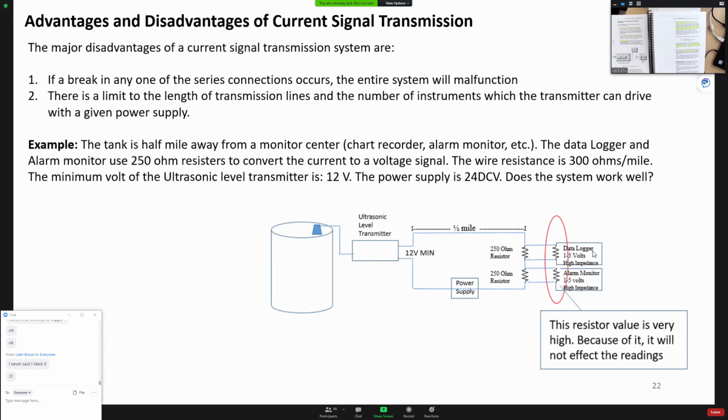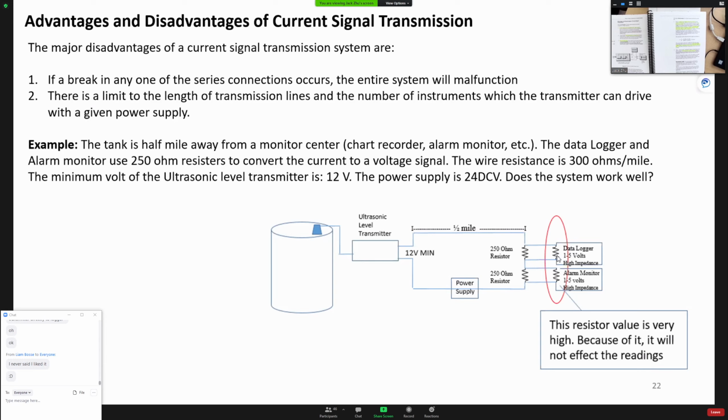We have a data logger and an alarm monitor. Same as we talked about before, they have a very high input impedance, so we use a 250 ohm resistor to convert the 4 to 20 milliamp signal into a 1 to 5 volt voltage signal.